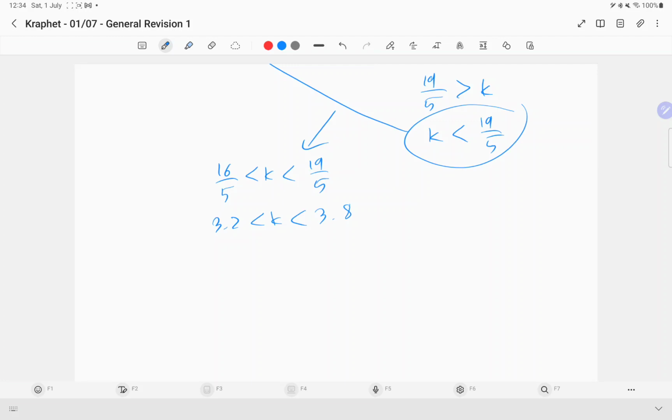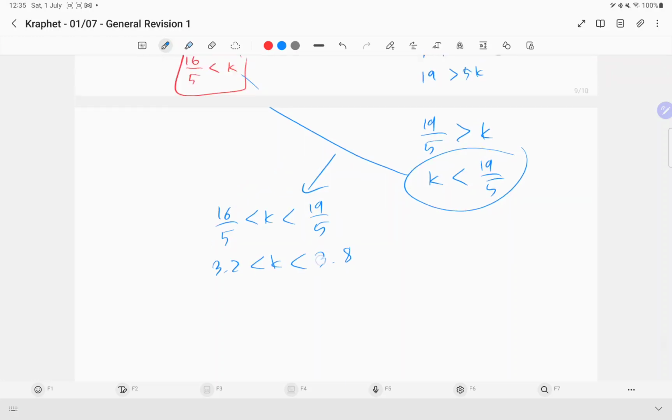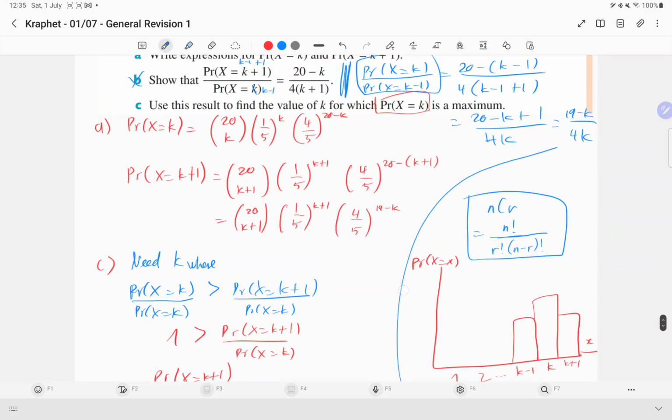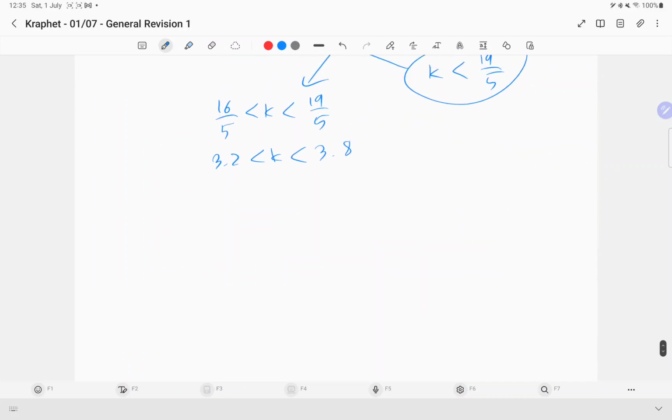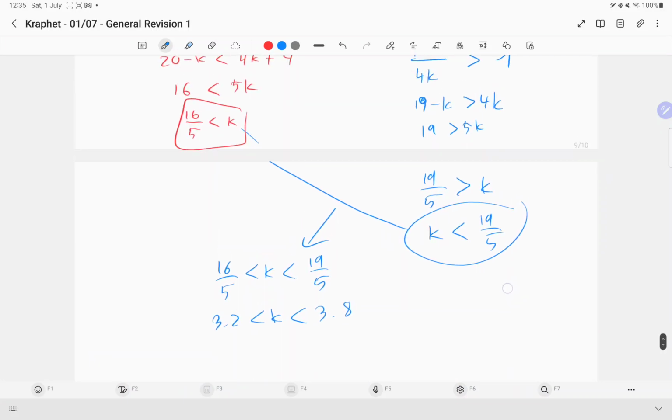These questions are really, really tricky. Answers, chapter 19. This is question 20. Yeah, 20 is 4. K is 4. So one of these numbers is wrong. Which one is it?